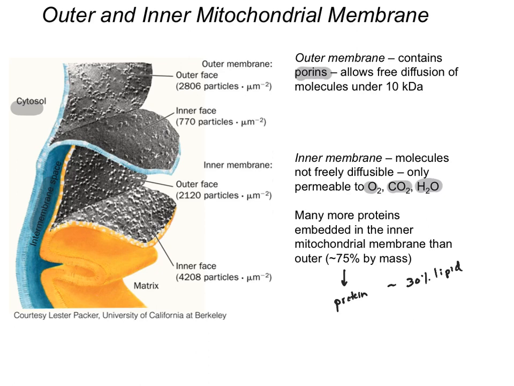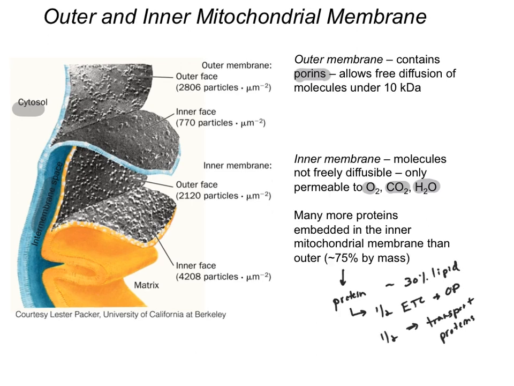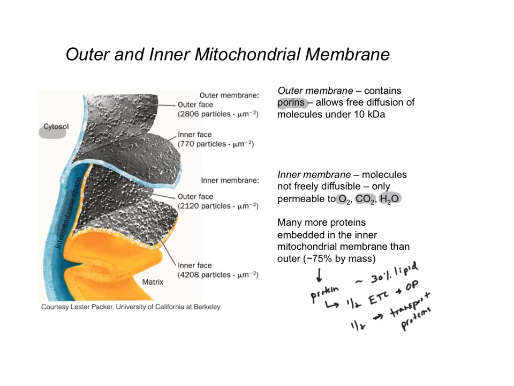And of that 70% protein in the inner membrane, about half are the proteins of the electron transport chain and oxidative phosphorylation, whereas the other half make up these transport proteins that allow the diffusion of small molecules like ADP, ATP, as well as ions in. So these guys are transport proteins.